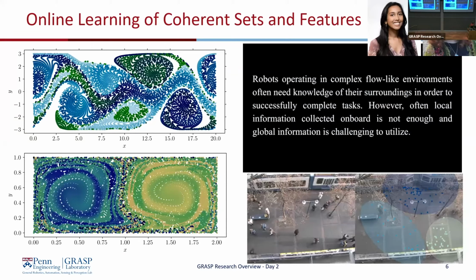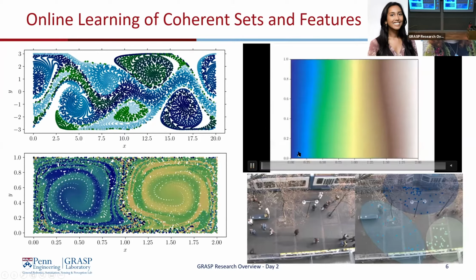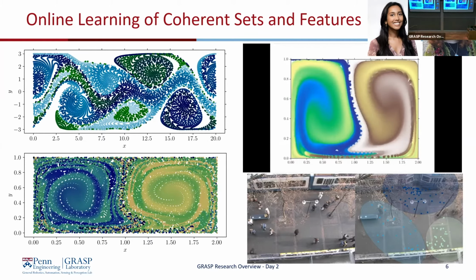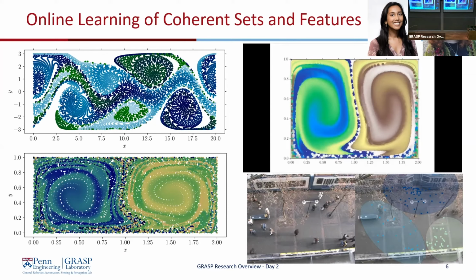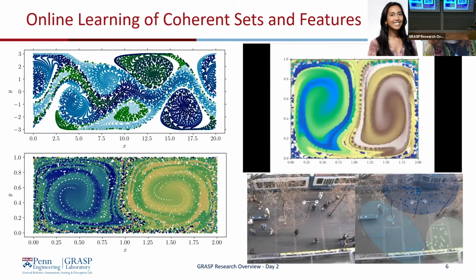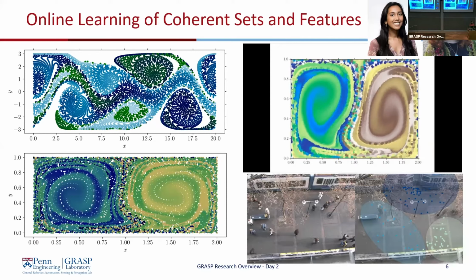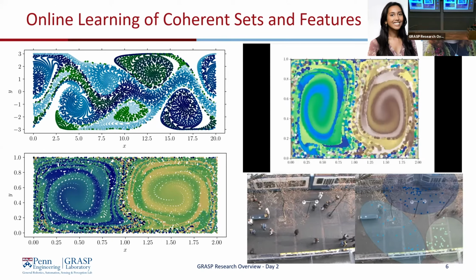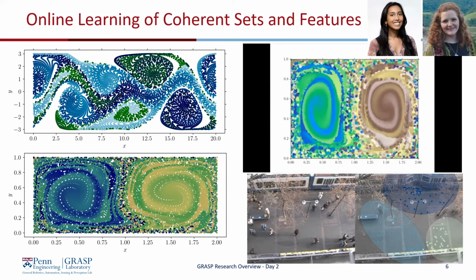Something that you'll see if you come to Grass Weekend this weekend is our ability to think about the environment and try to understand what are the important dynamical systems features that our robots should be focusing on when we're thinking about collecting data. How do we do this estimation in an online fashion with our robots?